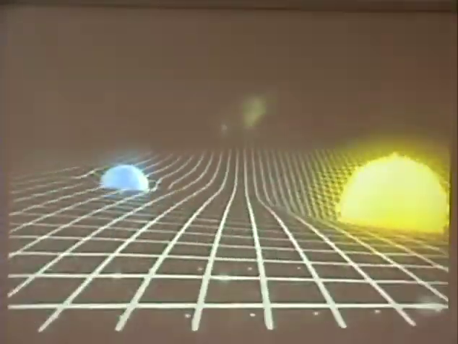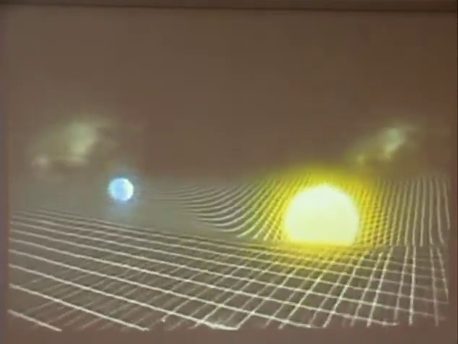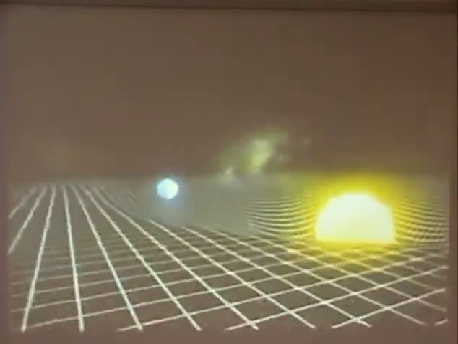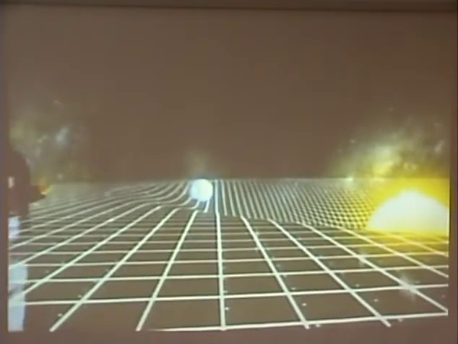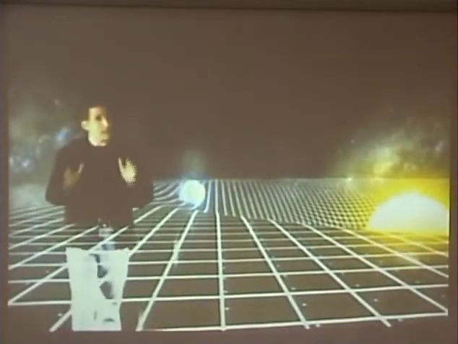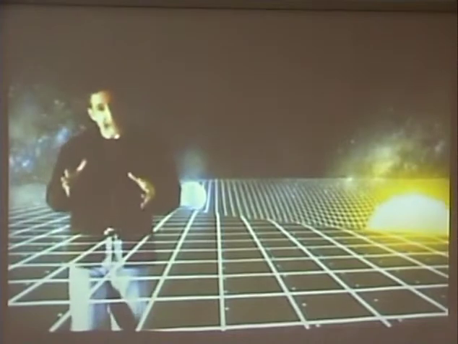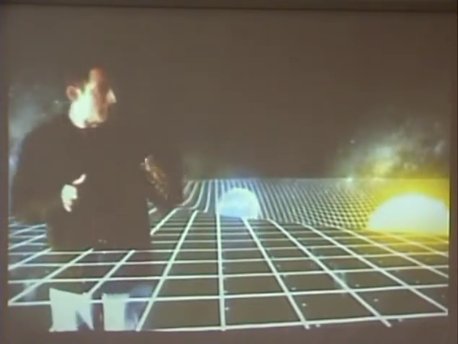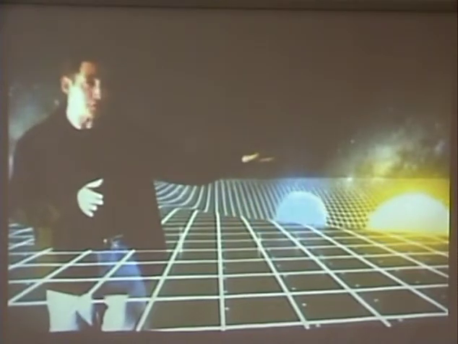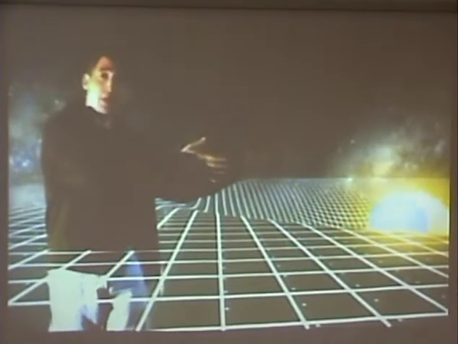And it's this warping or curving of space-time that creates what we feel as gravity. A planet like the Earth is kept in orbit not because the sun reaches out and instantaneously grabs hold of it as in Newton's theory, but simply because it follows curves in the spatial fabric caused by the sun's presence.